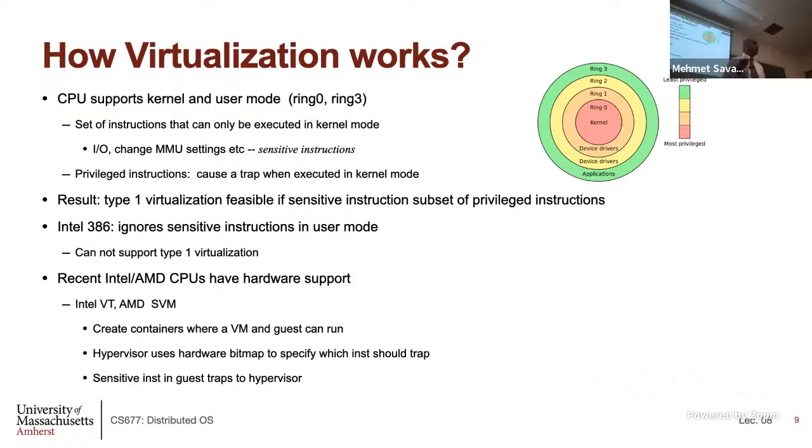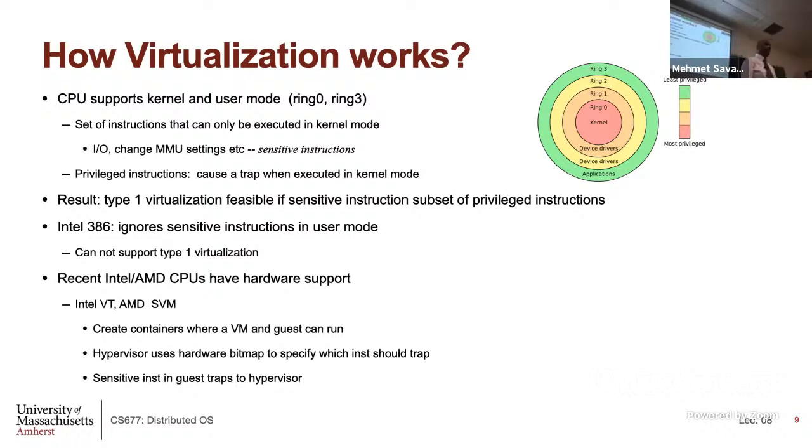Okay? Now, there is a famous result, actually a theorem, that said type 1 virtualization is only possible on a certain CPU, okay, if the sensitive instructions are essentially a subset of the privileged instructions, which means that every sensitive instruction also causes a trap.